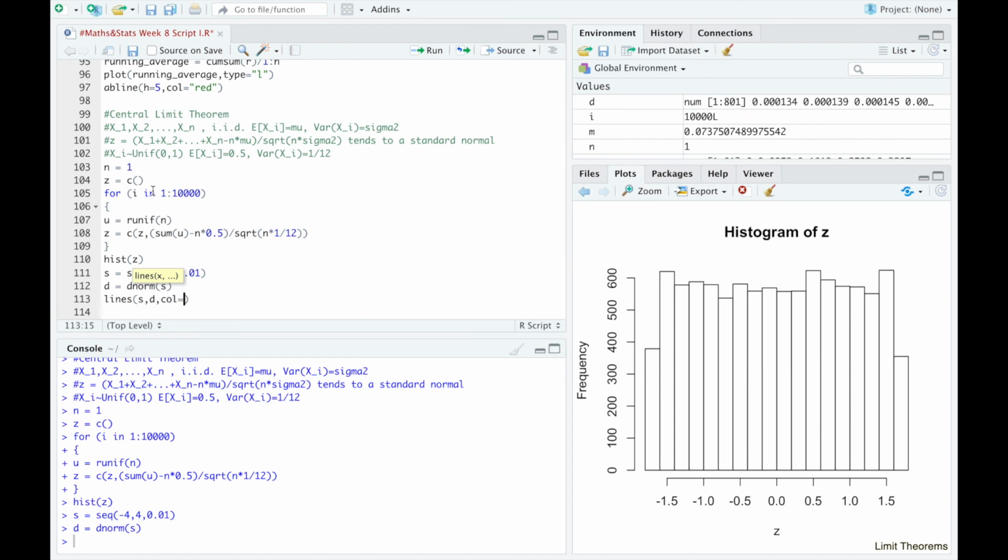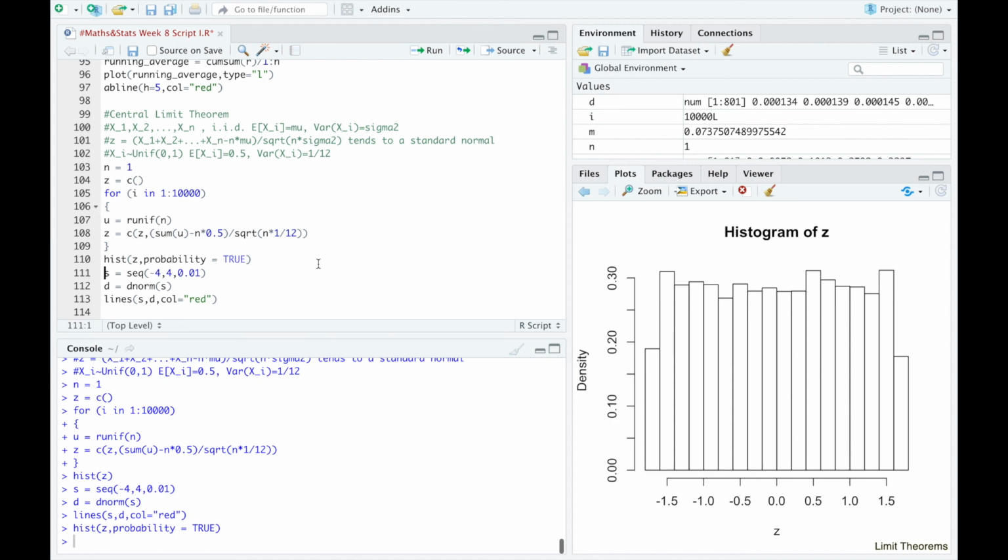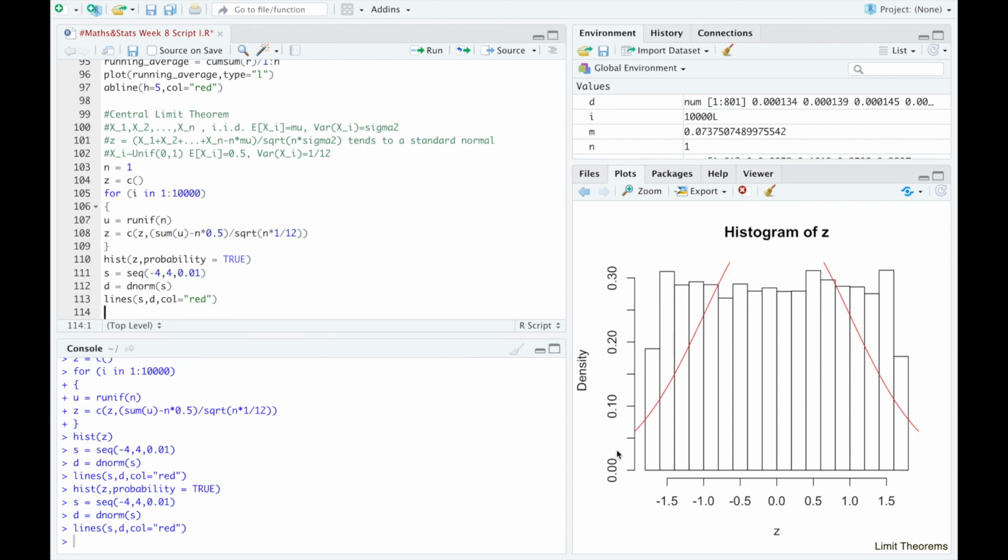Col equal red. So we get a line here, but this is just because we're using the counts instead of the actual probabilities. So in order to change this, we say probability true. We want a probability here, so the area below this histogram should be 1, and now the plot should make more sense.